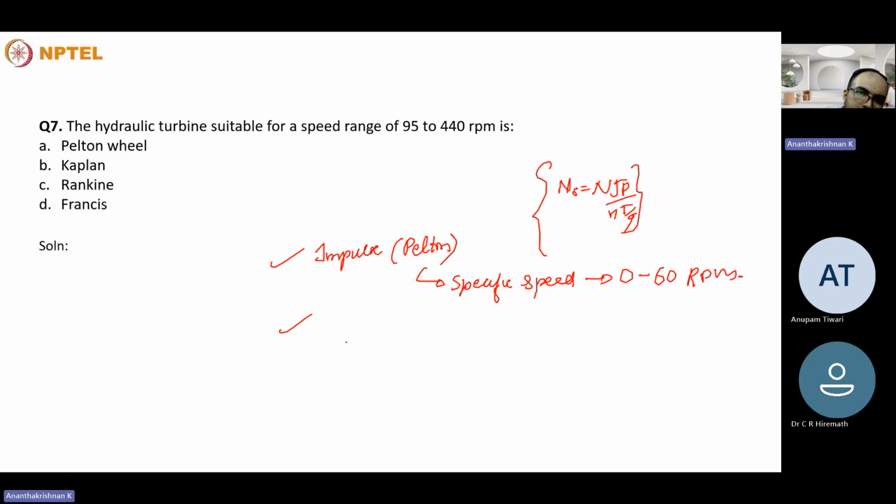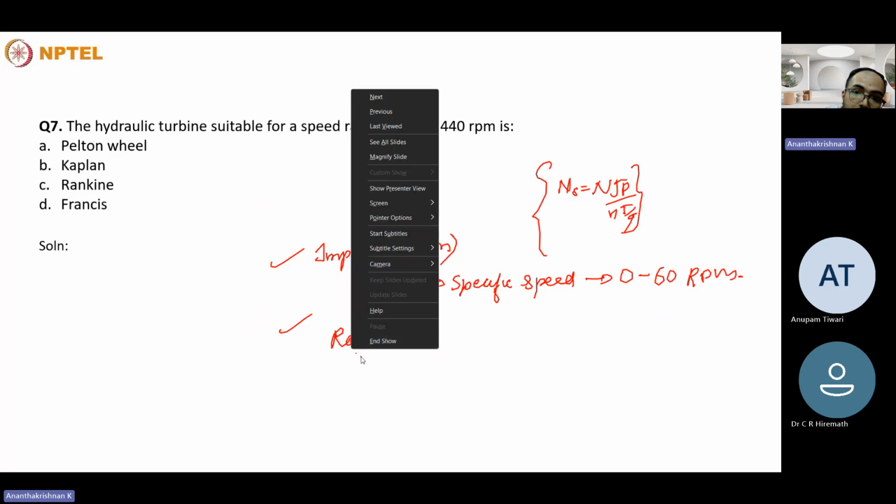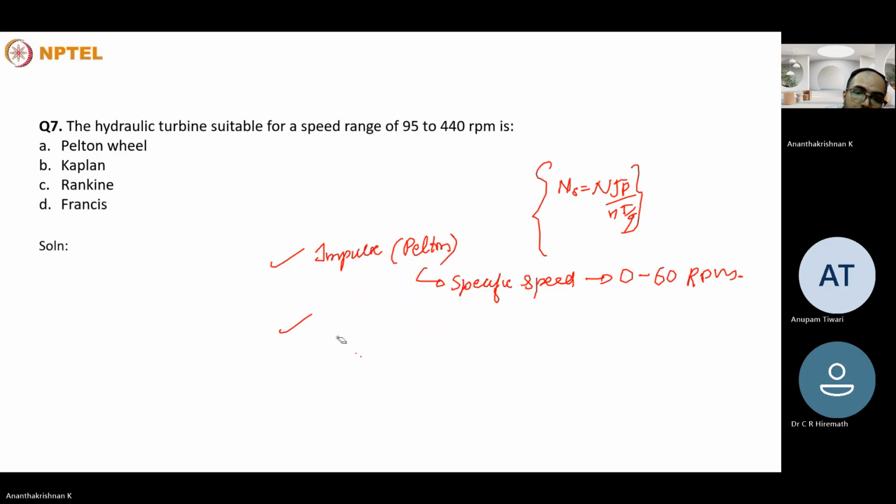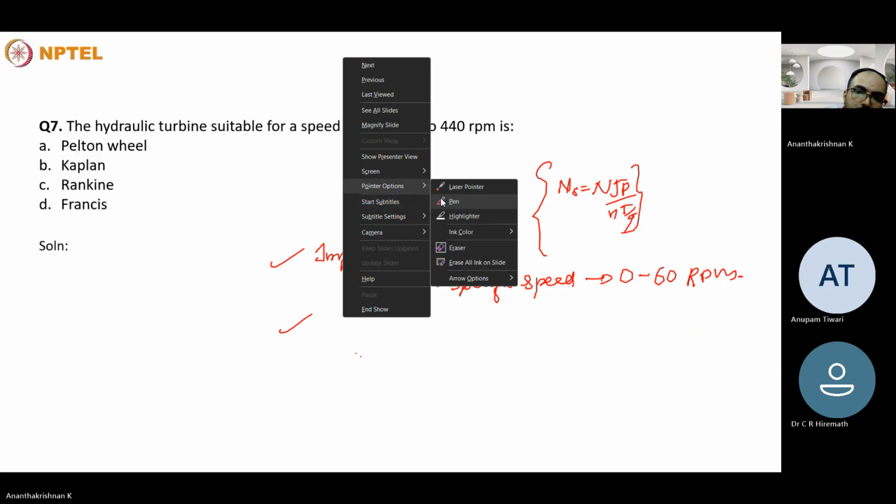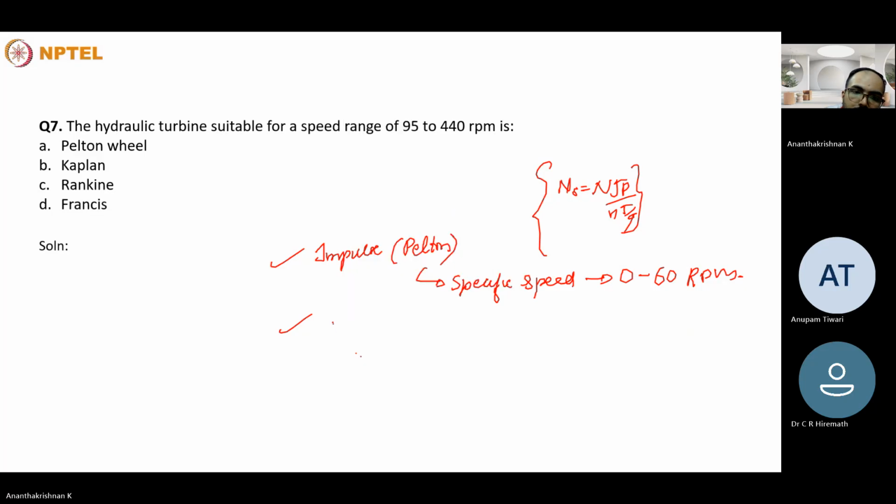And then there are the reaction turbines, with a medium range of specific speed.